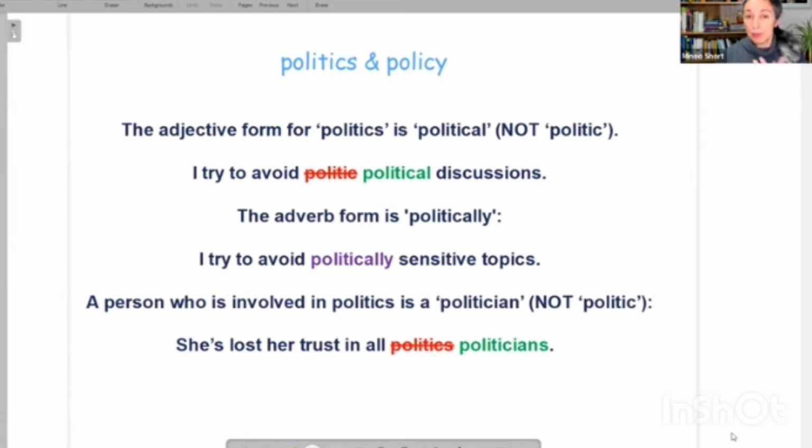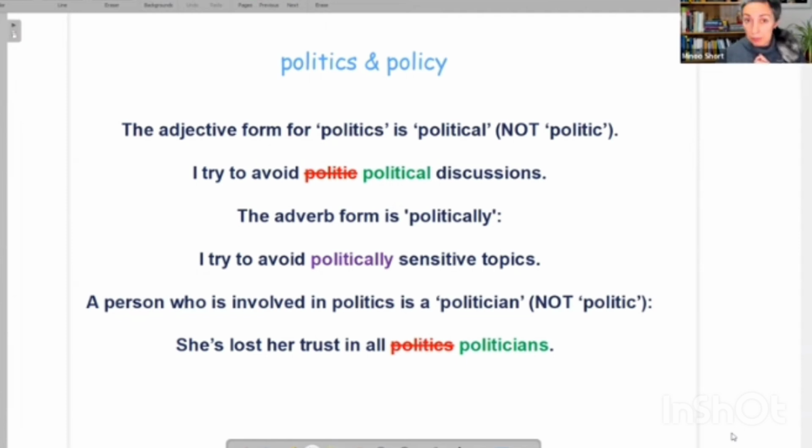There is an adverb form, politically, obviously. So, for example, I try to avoid politically sensitive topics. Notice again the pronunciation. C-A-L-L-Y is not "kali", it's "kli", politically. So we had economically, historically, classically, and now politically.